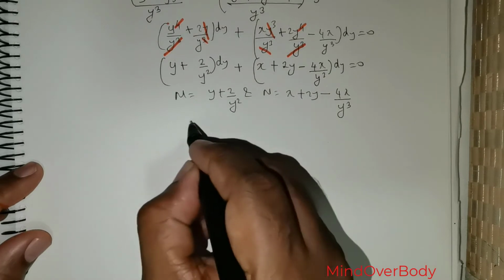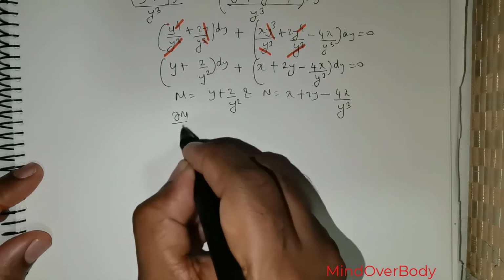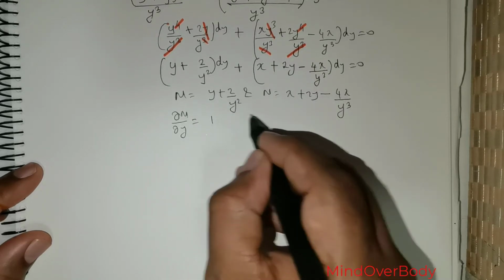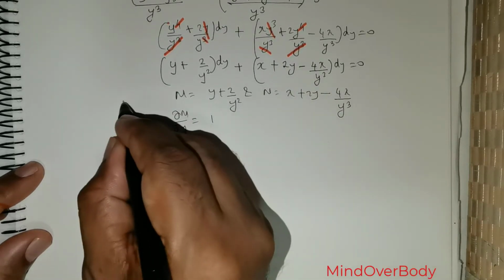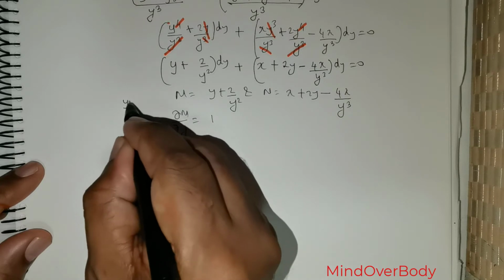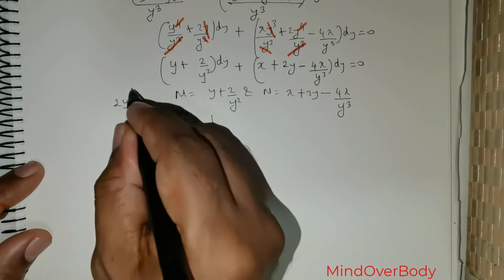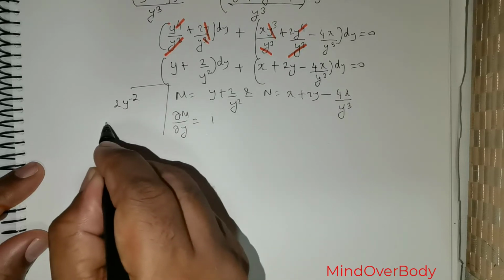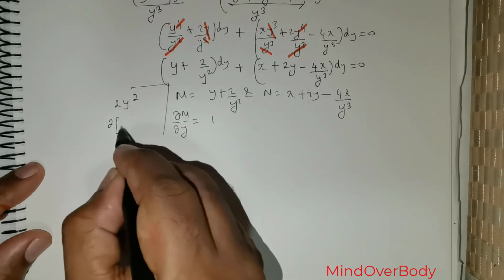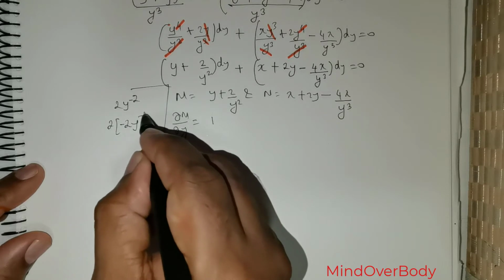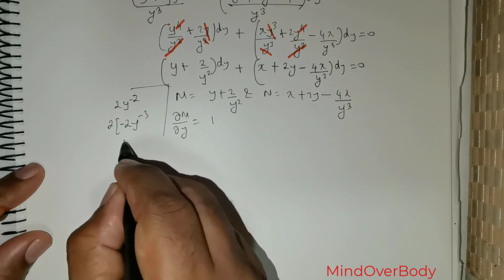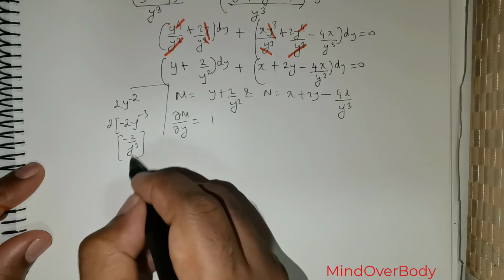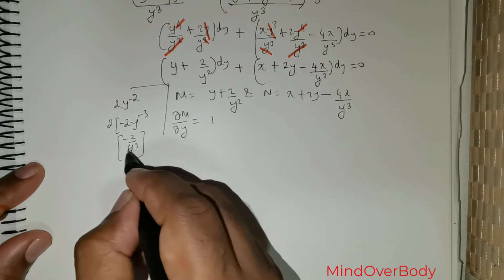Now I need to find ∂M/∂y. The derivative of y is 1. This is going to be y squared, right? So if I rewrite this as 2 times y raised to the power of negative 2 and differentiate, I get negative 2 times y raised to the power of negative 3, which is negative 2 times y cubed in the denominator.